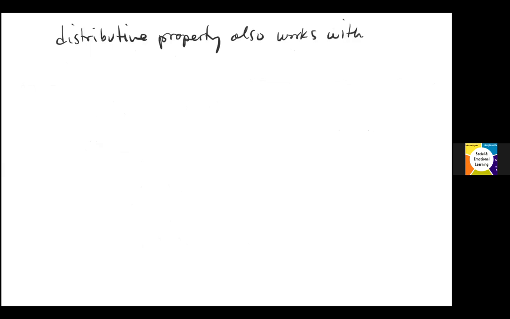The distributive property also works with negation. So with negation, if you have -(x plus y), and we wanted to expand these brackets, we could rewrite this.